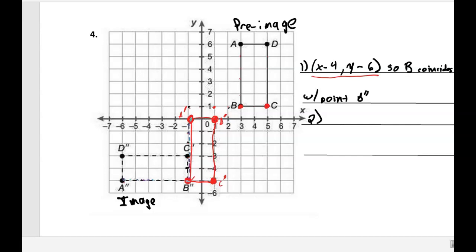If I do that with C and C prime, so here is C to this point and over to C prime, that's a 90-degree angle. So what that hopefully tells us is that we want to rotate 90 degrees around this point right here. I kind of covered it up because we want this point to stay.